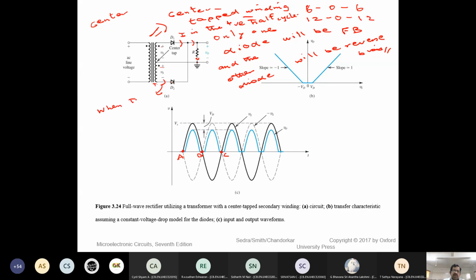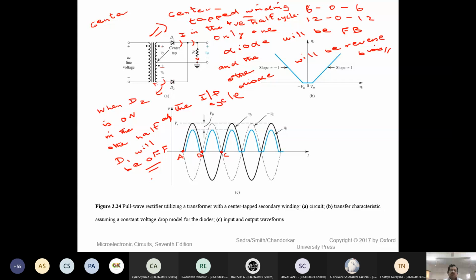So when D2 is on in the other half of the input cycle, D1 will be off. When D1 is on, D2 will be off.